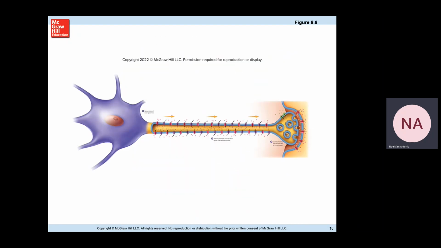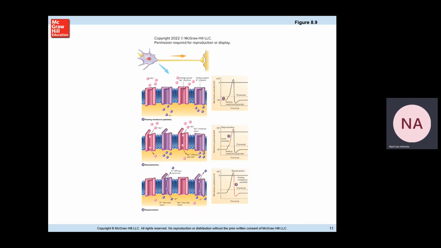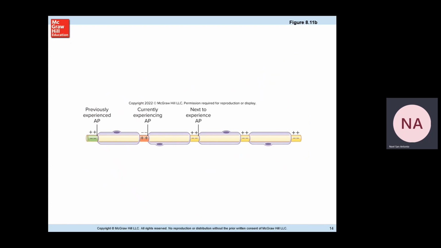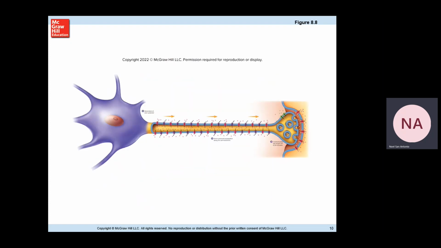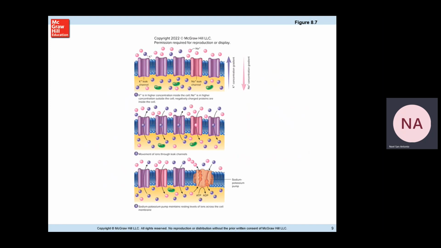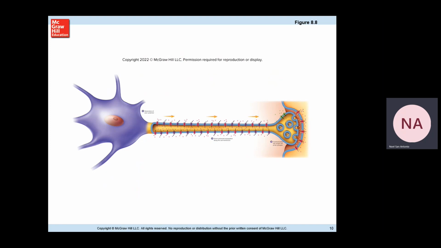So let us now discuss how impulses are transmitted across our nervous system. How are impulses transmitted across our nervous system? It is transmitted or conducted in the form of action potentials. As we have said earlier, the receiving part of the neuron are the dendrites, right? Going into the cell body.